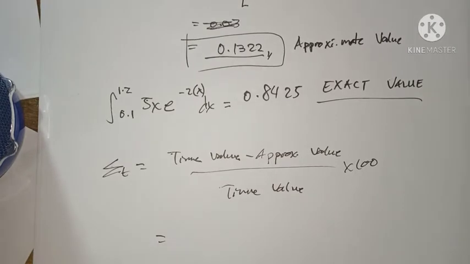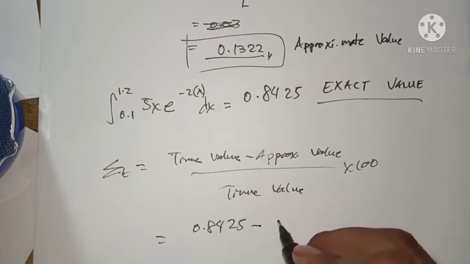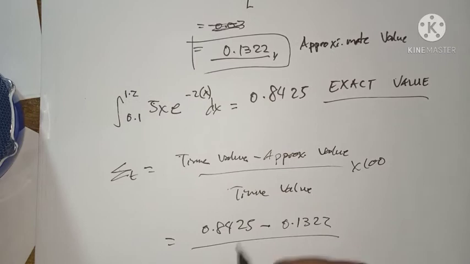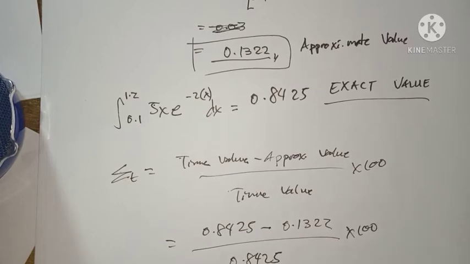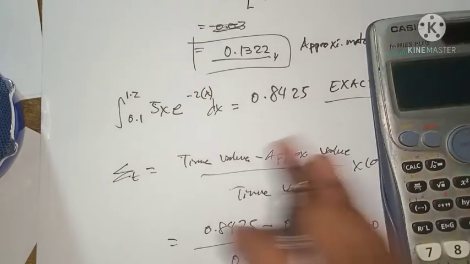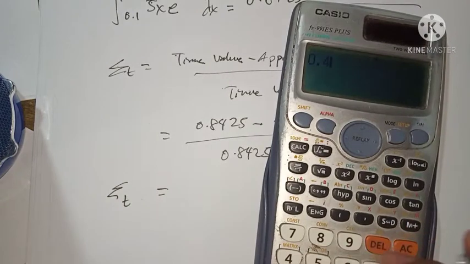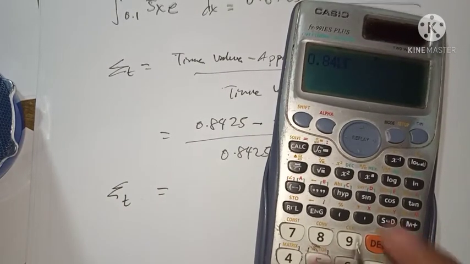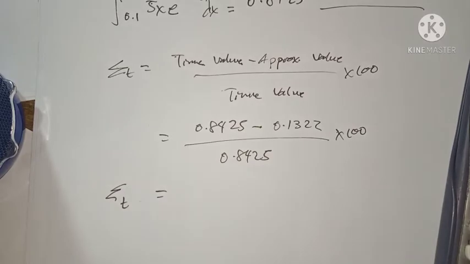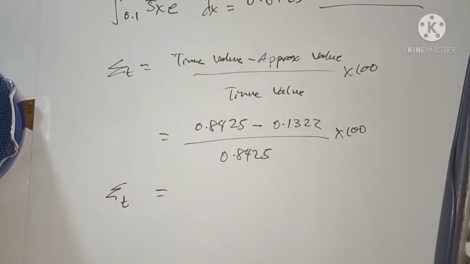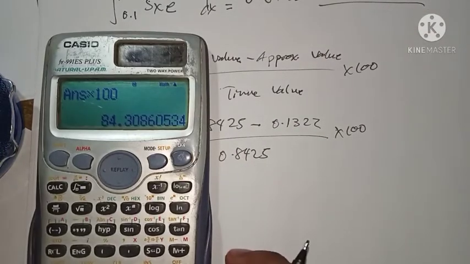So substitute: our true value is 0.8425 minus the approximate value of 0.1322, over 0.8425, times 100, which is 84.31.